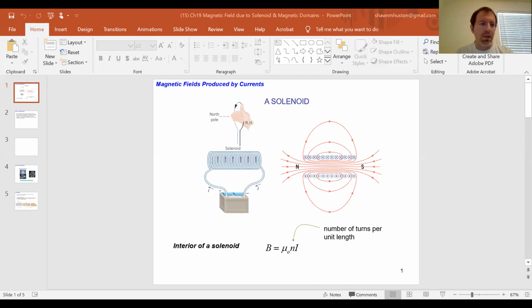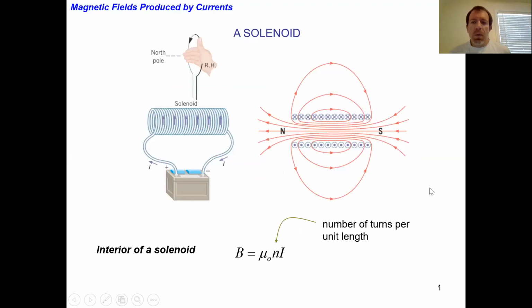All right. So we've got our solenoid, and again, it's just a cylindrical coil of wire that has current running through it. As a result of that current, it's going to have some magnetic field. The magnetic field inside of a solenoid is given by the formula at the bottom of the screen: B is equal to mu naught times small n times I. That small n is the number of turns per unit length.